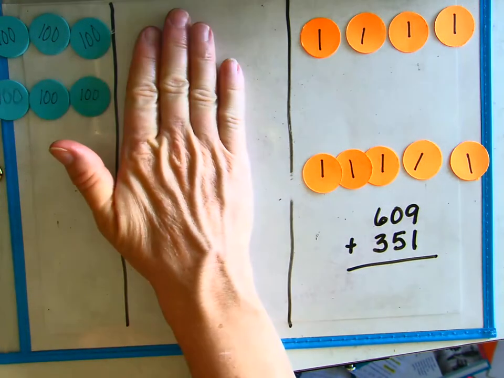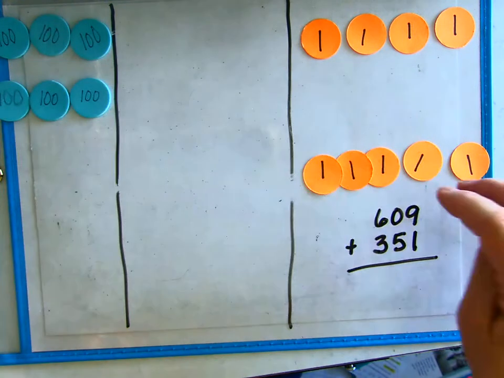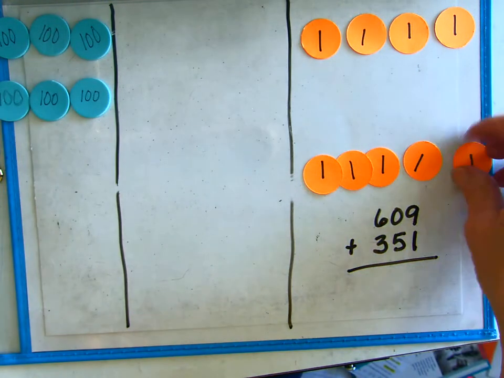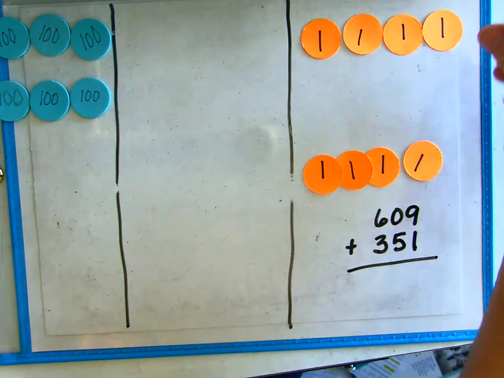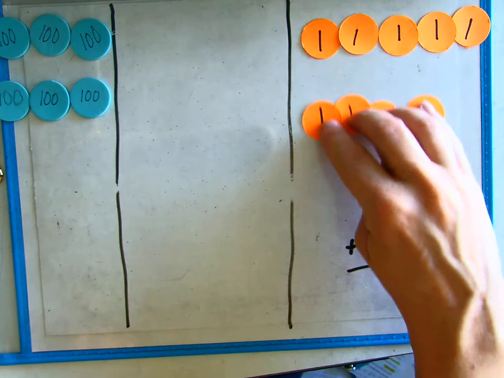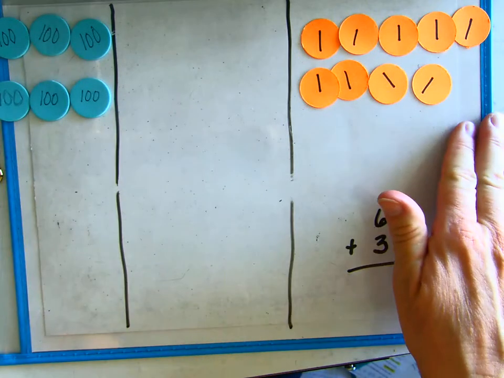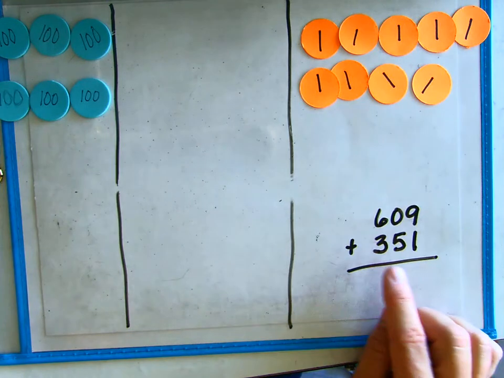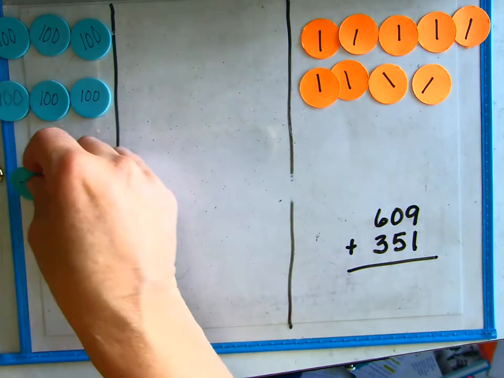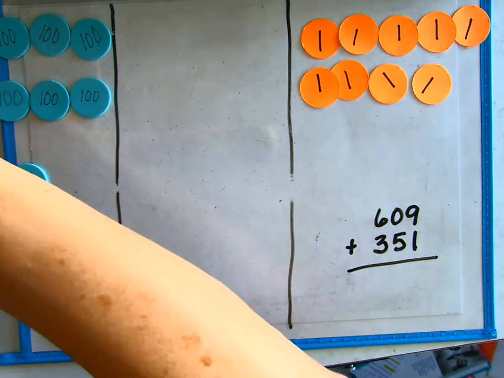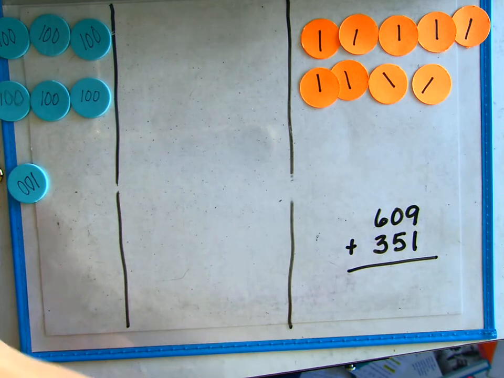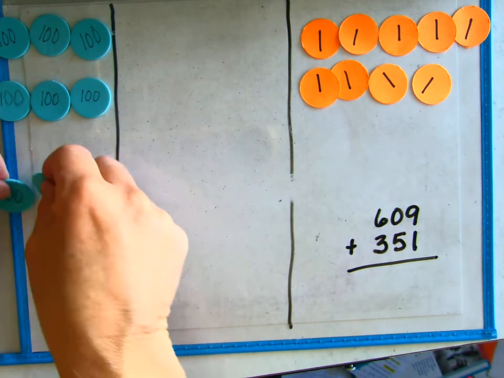We don't have any tens. And goodness, we need exactly 9 ones. So 609. We're going to add 351. So 3 more hundreds. That's all I had. All I have are 9 of them.